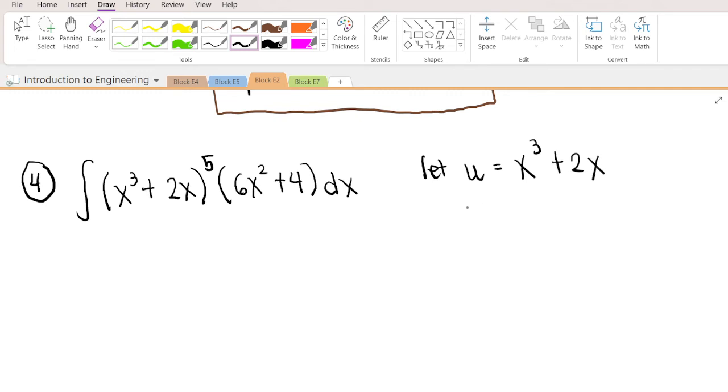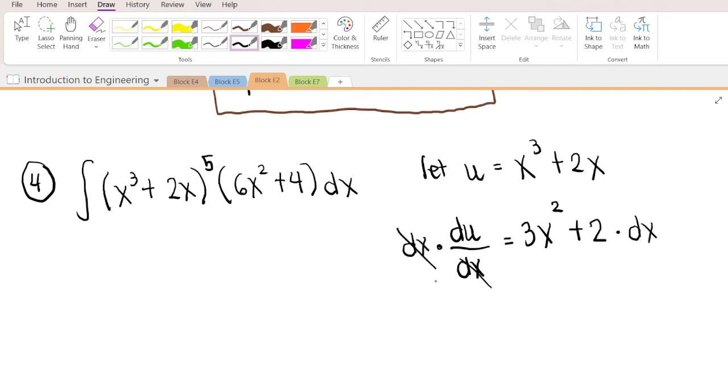And then, if you differentiate this, du over dx is equal to 3x squared plus 2. Okay. And then multiply both sides by dx.